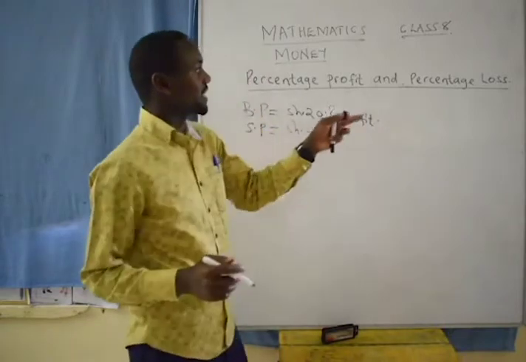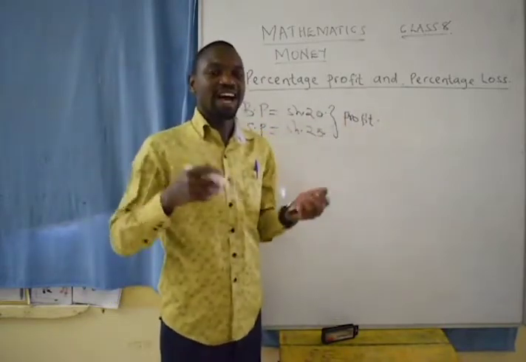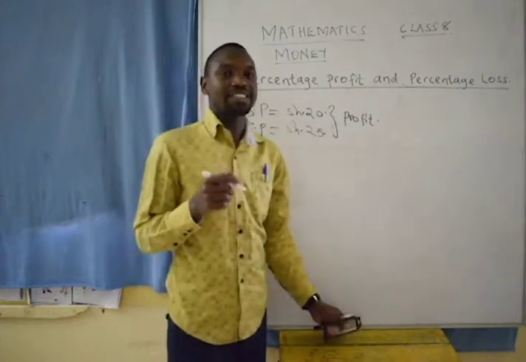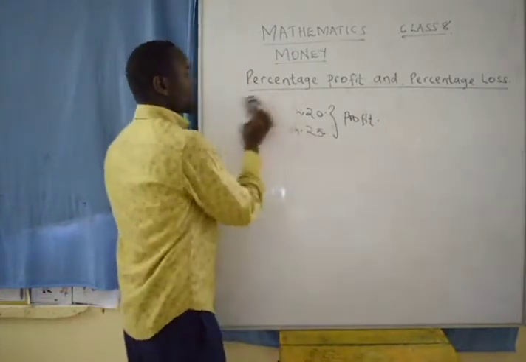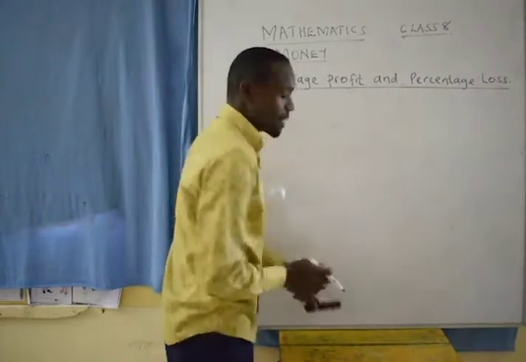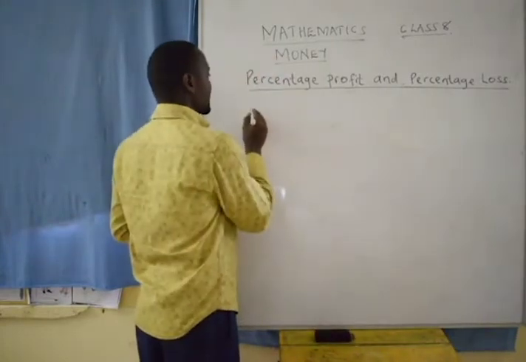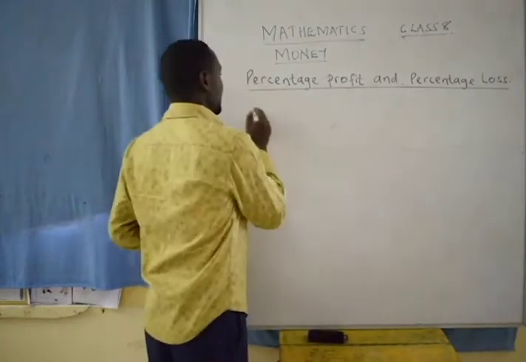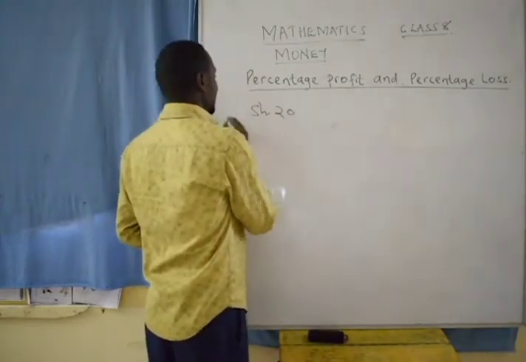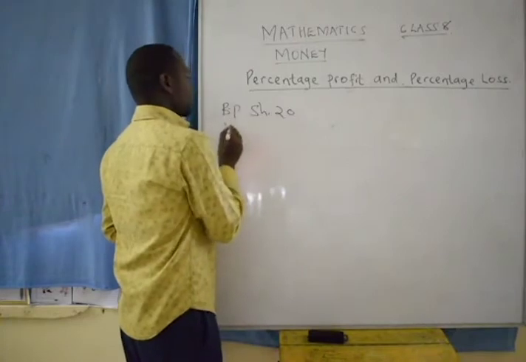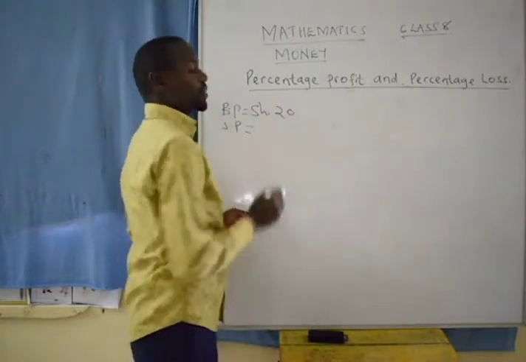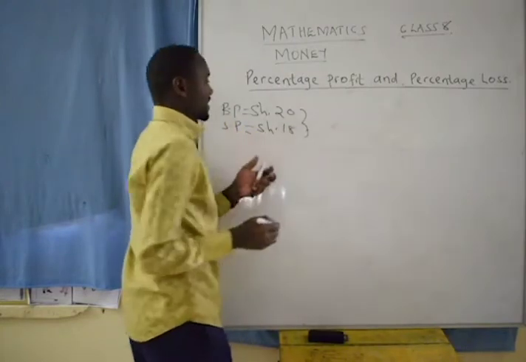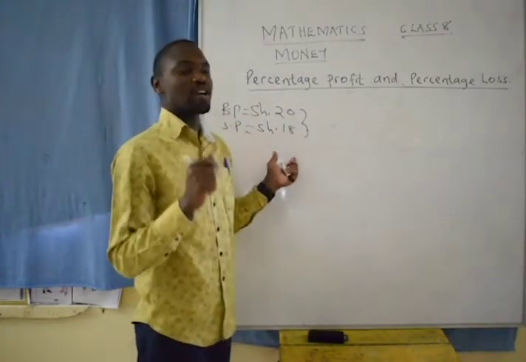You also say that loss is when you sell an item at a lower price than the amount of money you bought the item. For example, if you bought the same pen at 20 shillings, this is the buying price, and you sell the pen at 18 shillings, we see that you've sold the pen at a loss.